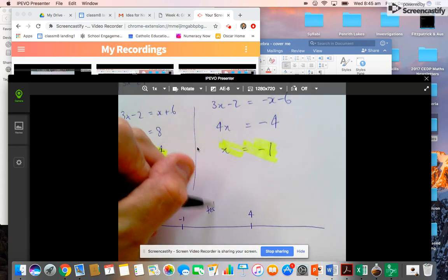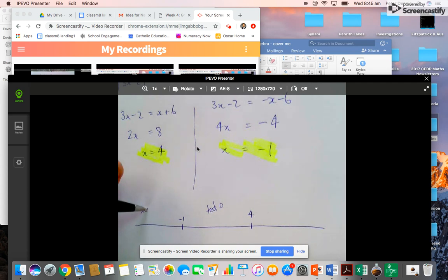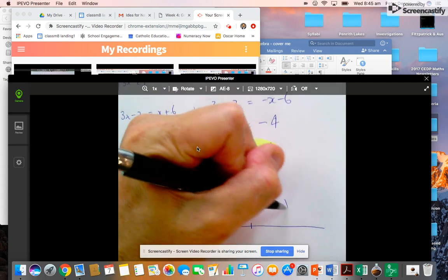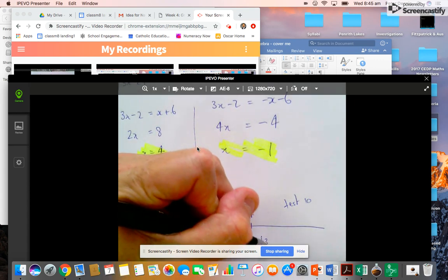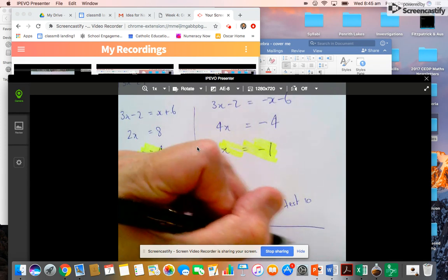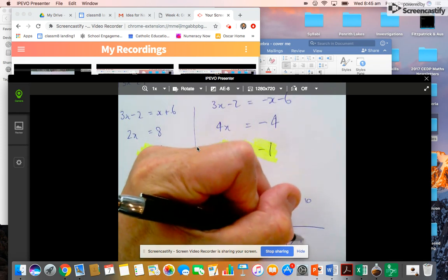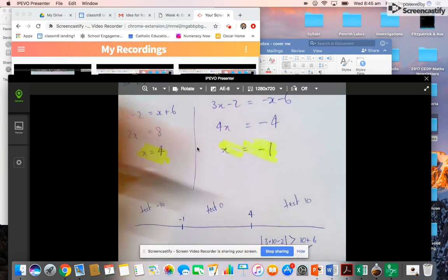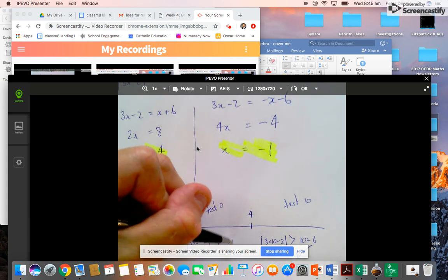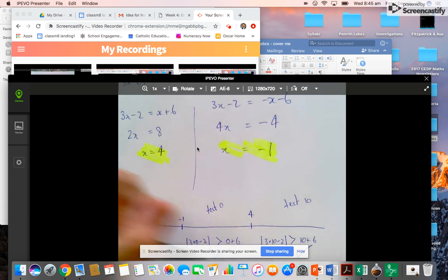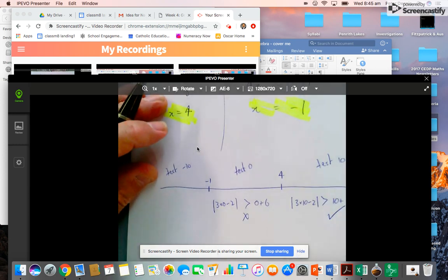So again, test 0, test minus 10, test 10. Is the absolute value of 3 times 10 minus 2 greater than 10 plus 6? The answer there is yes. What about at 0? Is the absolute value of 3 times 0 minus 2 greater than 0 plus 6? The answer is no.